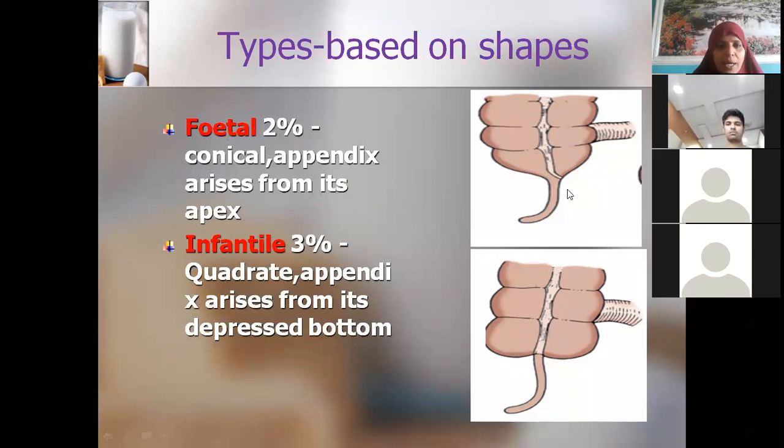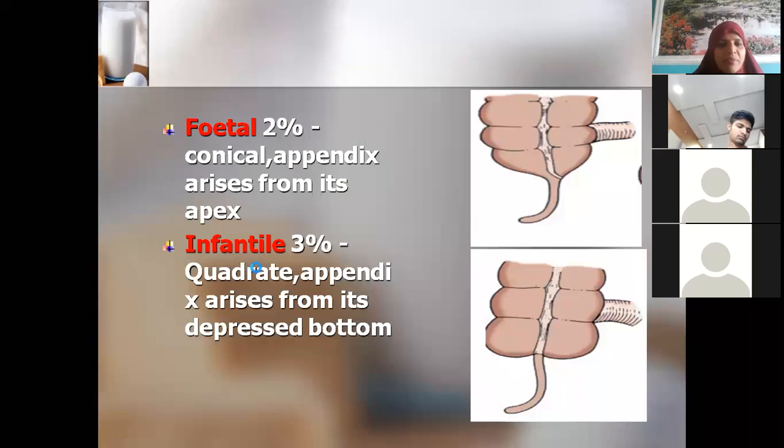Then we have the infantile type, 3%, which is quadrate, with four sides, and the appendix arises from its depressed bottom.